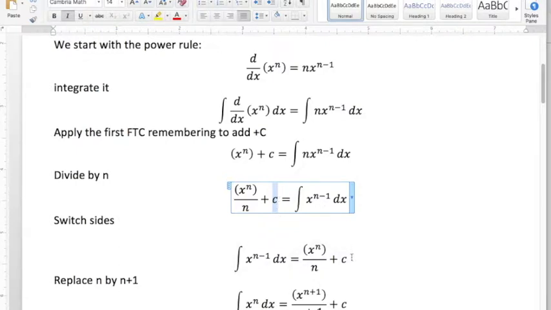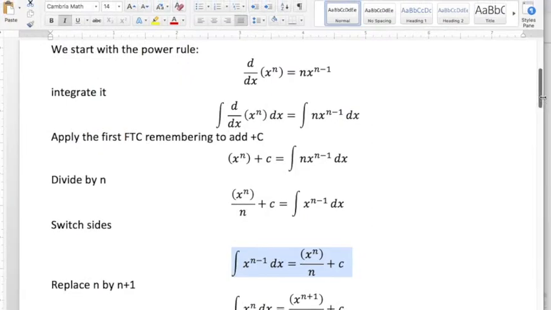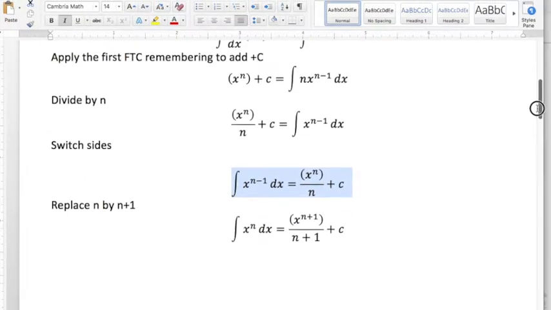I'm now going to switch sides because I like to have my formula tell me what the antiderivative is. And everywhere I see an n, I'm going to replace that n by n plus 1. So x to the n plus 1 minus 1 is x to the n. This gives me my antidifferentiation formula.